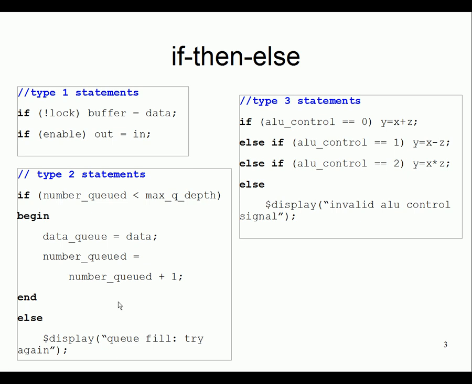But for multiple statements together under one block, we need to confine them within begin and end. Else can also have begin and end in a block if it is multiple statements, but here there is only one statement, so we can do something like that. And this is like if value control equals 0, then do something, and so on and so forth.